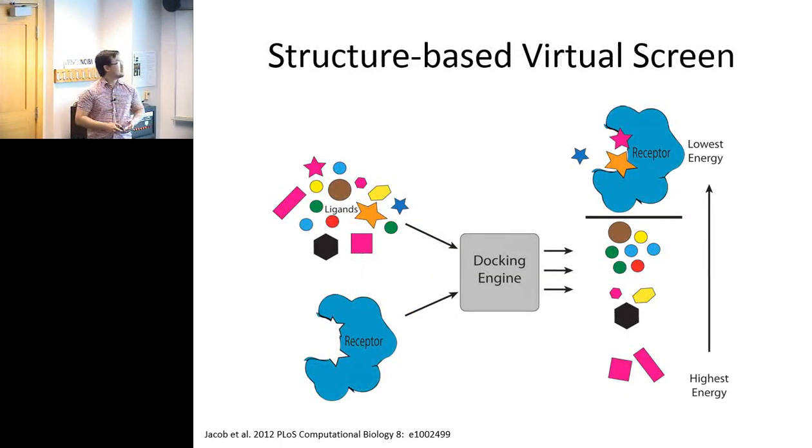So first, we have a structure-based virtual screen. Essentially, it uses information from the structure of a known protein, where you know the structure from PDB, or if you don't know the structure, you might even go so far as to use a model, which can be very treacherous sometimes, and is not recommended. So what you do is you screen your receptor structure against a whole library of virtual compounds.